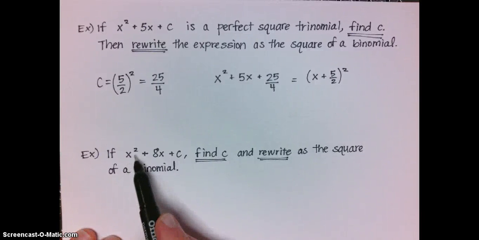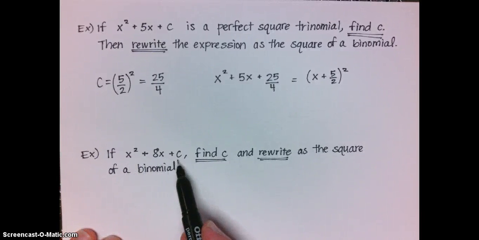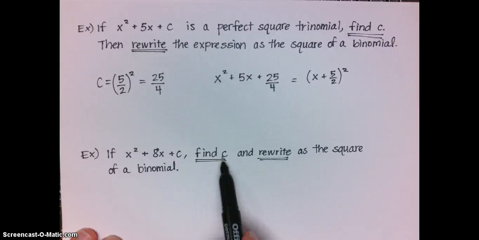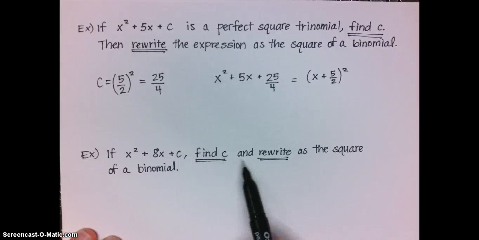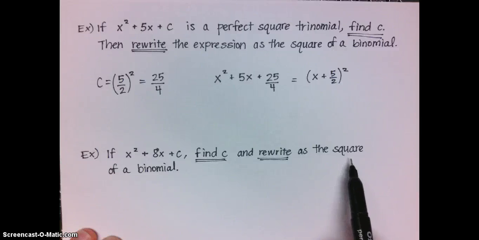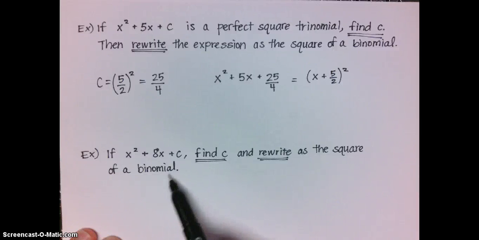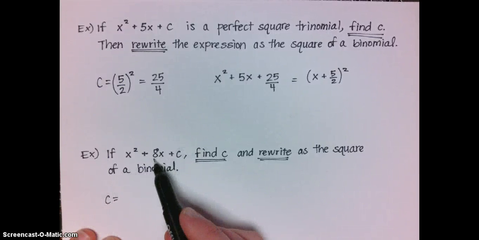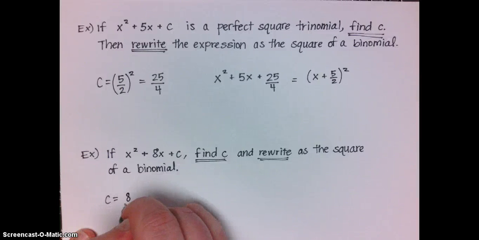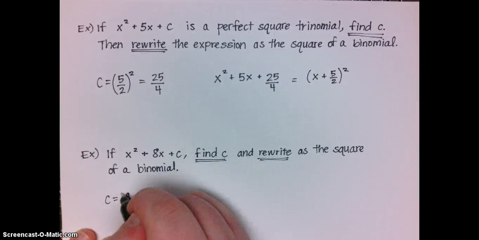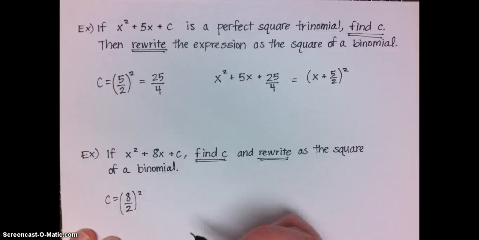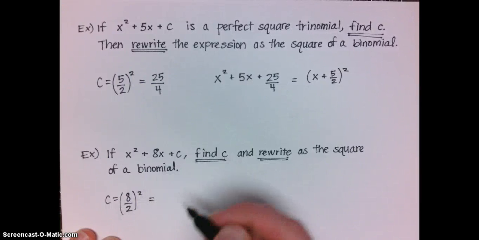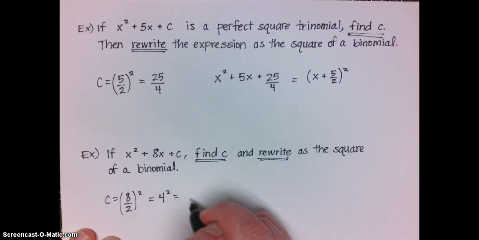Down here I have x squared plus 8x plus c. So again, all that I want you to do is to find the c and then rewrite this expression so it's the square of a binomial. Okay, so all I'm looking for in the beginning is c. And I'm going to do that by taking this middle term, okay, and the number in front of it is the number 8. So I'm going to take that, I'm going to divide it by 2, and I'm also going to square it. So 8 divided by 2 is 4. And 4 squared is 16.